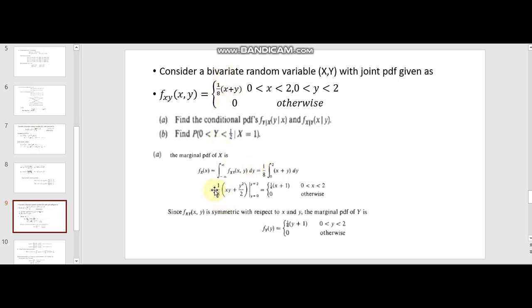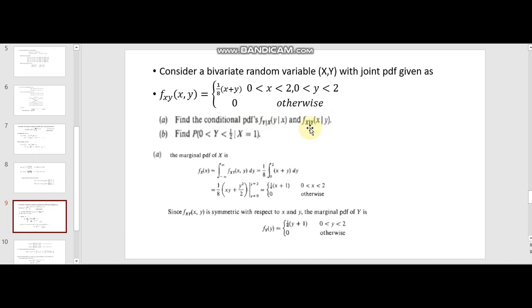So when I integrate from 0 to 2 along the x variable, I will get the marginal pdf of y, which is equal to 1 over 4 into y plus 1. So after getting the marginal pdf of x and y, I can easily find the conditional pdf of y as well as x.